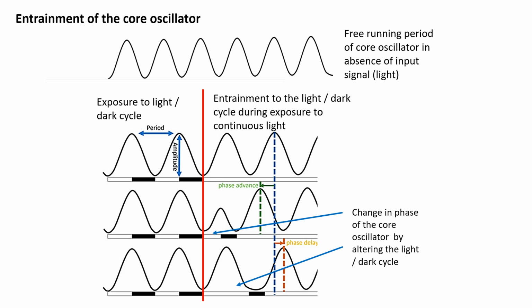Similarly, if the light period in the 24-hour cycle is increased, the clock may show a lag in phase, after which the clock resets to a 24-hour cycle but with a phase delay. Hence, the core oscillator is entrained by the input signals that it receives. Now, the perception of light is carried out by photoreceptors, which synchronize the light-dark cycles with the core oscillator.